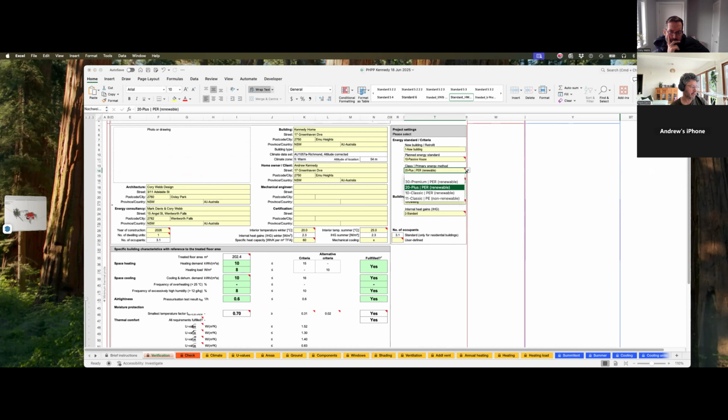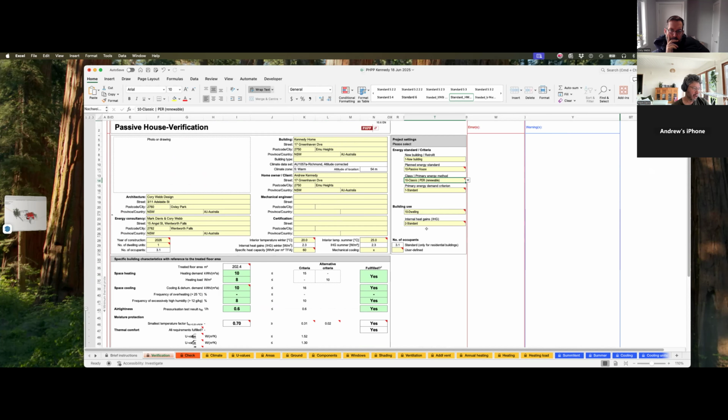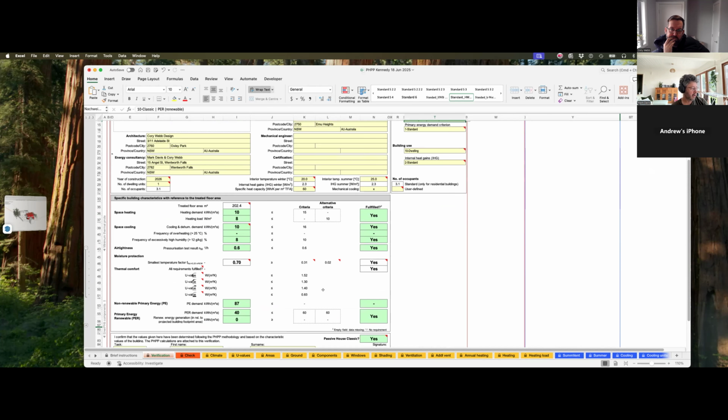Okay. Do you know about the different standards, Andrew? There are 3 levels of Passive House. There's Passive House Classic, and they revolve around the PER. It's 60 kilowatt hours per meter squared per annum for Passive House Classic, 40 kilowatt hours per meter squared per annum for Plus, and 30, I think, for Premium.